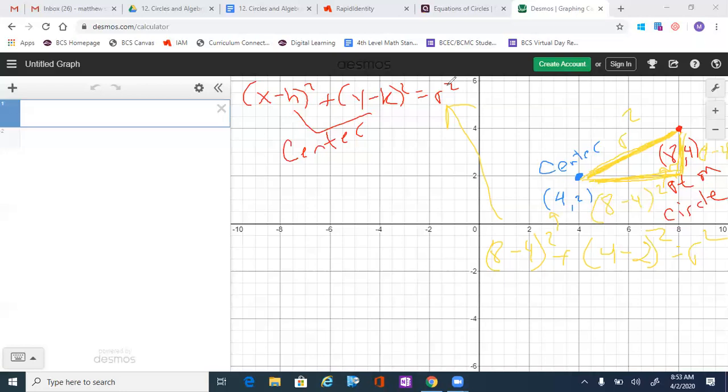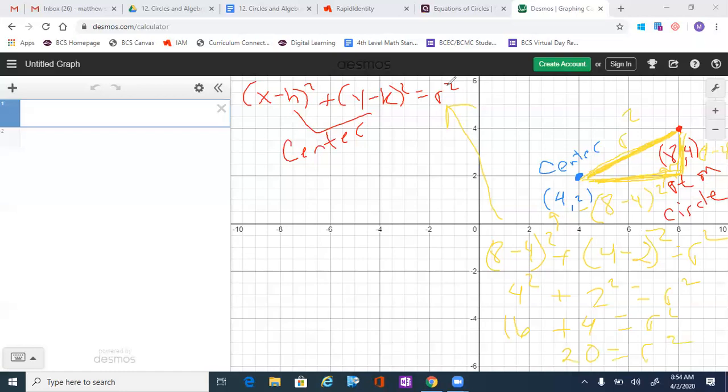And 4, the top value of the y, minus 2, so we've already got the opposite of that, positive 2. And we just keep working it. 8 minus 4 is 4 squared, plus 4 minus 2 is 2 squared, equals r squared. Then 4 squared is 16, plus 2 squared, which is 4, and r squared equals 20.